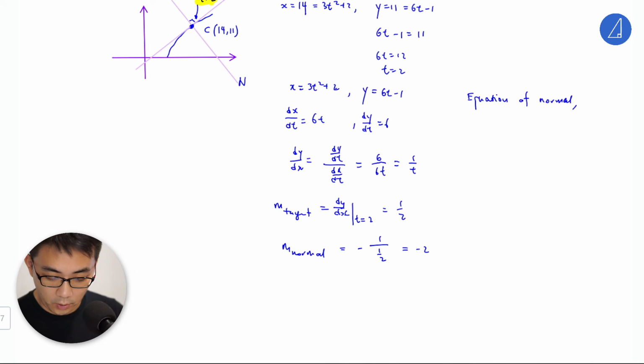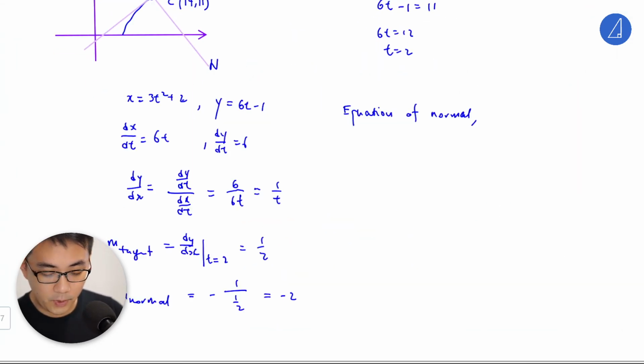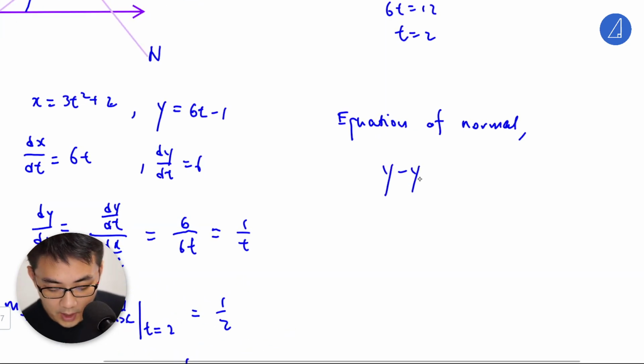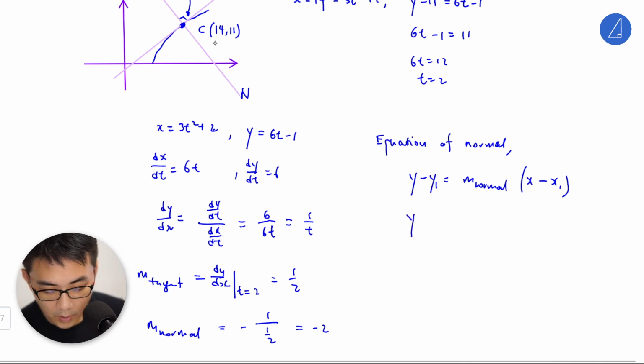The Cartesian equation just means y equals mx plus c. So this would be y minus y1 equals m normal times x minus x1. I prefer this equation here. So y1 would be 11, m normal would be minus 2, and this is x minus 14.